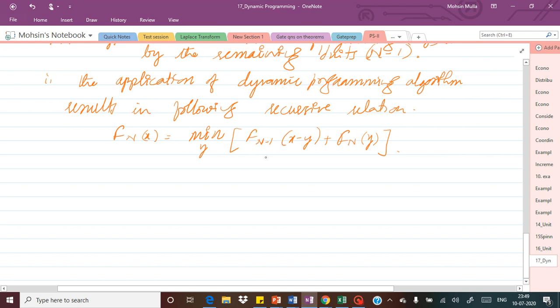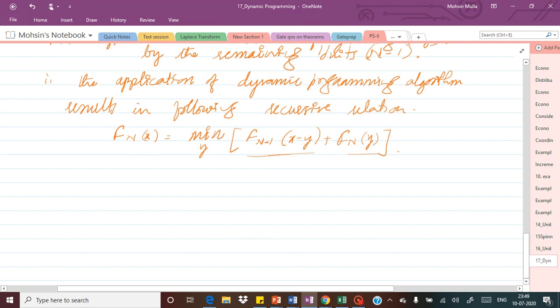Whatever combination we are going to add, this unit plus the remaining units, whatever minimum cost comes will be considered as the cost of generation. This is the already obtained minimum cost, and this is for the new unit, for generating y.